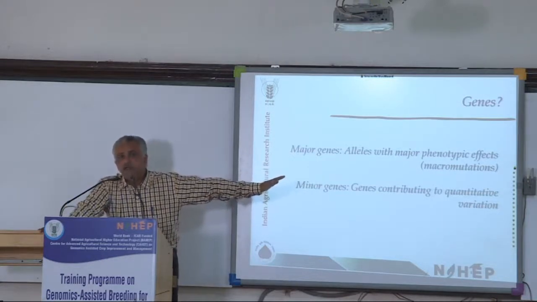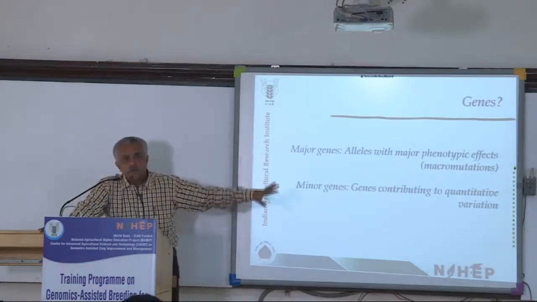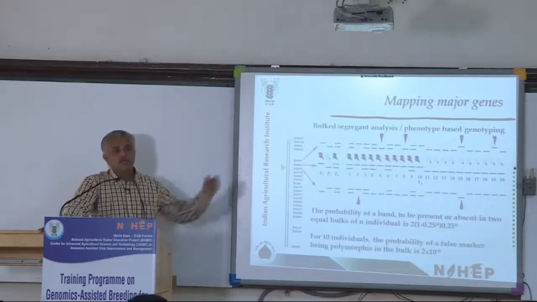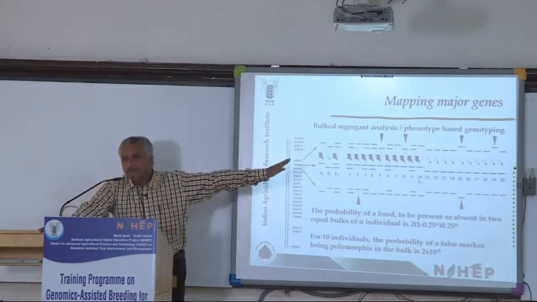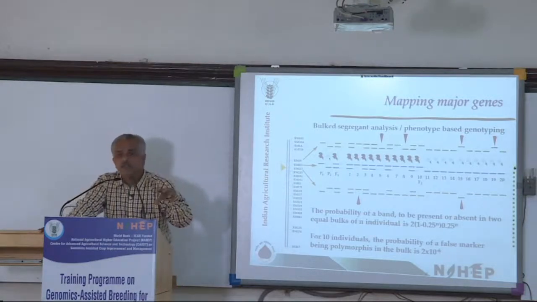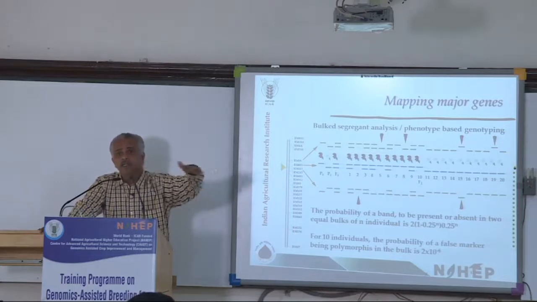Then you can have major genes and minor genes. Our interest in QTL mapping is for minor genes, not for major genes. For major genes, you can use a method called bulk segregant analysis. If the gene has a very significant influence on the trait, it can also be a QTL, a major QTL, which makes a significant difference between the parents.